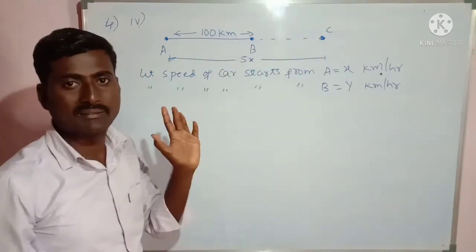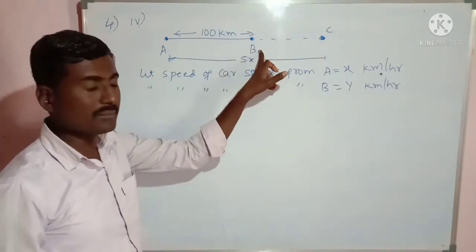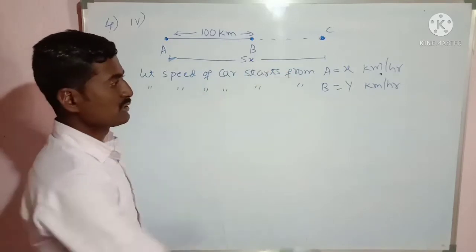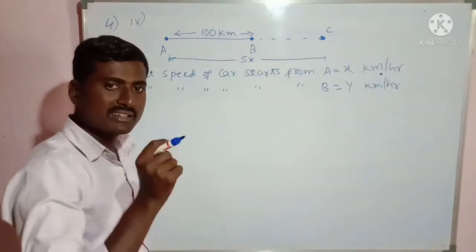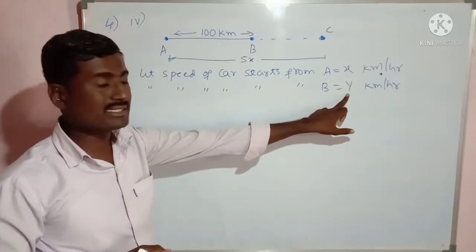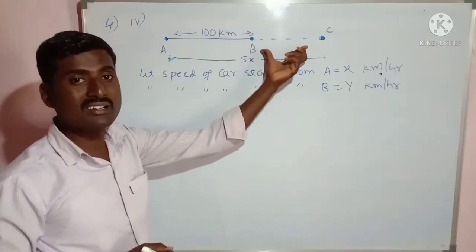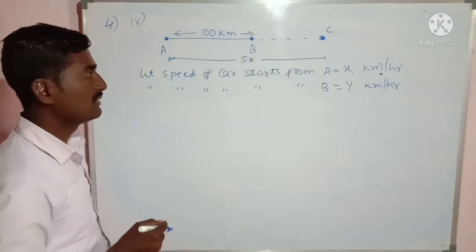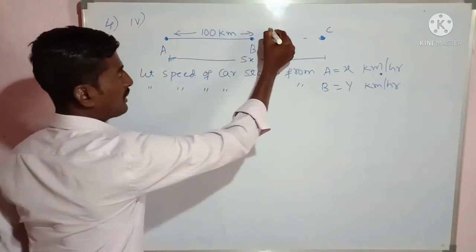Again 5 hours only, the time taken by car B. The speed of that car is y. Again, distance equals speed into time, so it is 5y. It is the distance covered by the car that starts from point B. So now this will be 5y.